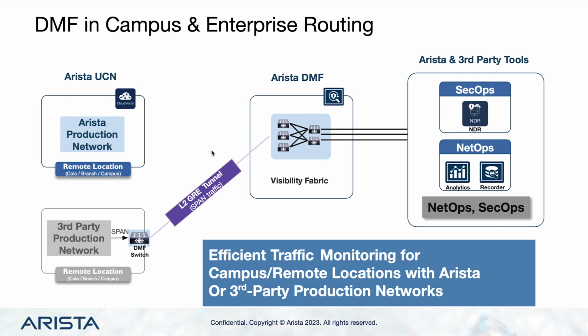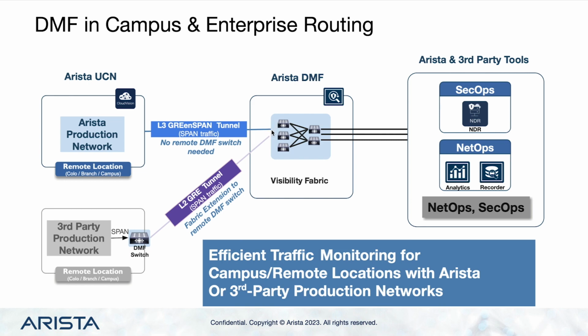As you see on this slide, that's just another representation of what that can look like if you have that DMF switch at the remote location. But what if I don't have that DMF switch at the remote location? How do I get traffic from those areas? In this situation, I'm going to create a receive-only tunnel interface, or tunnel endpoint, in my DMF switch.